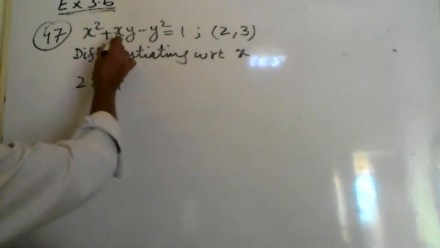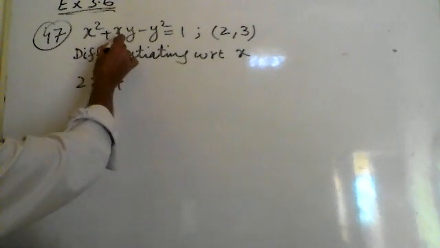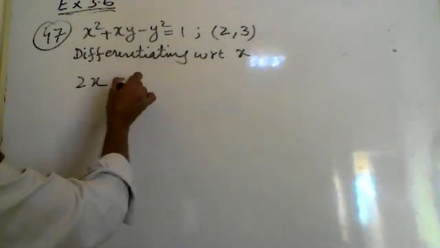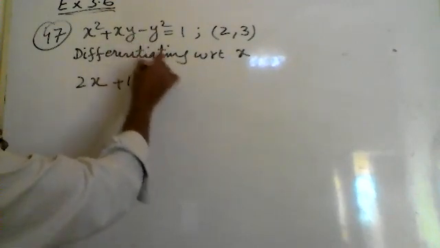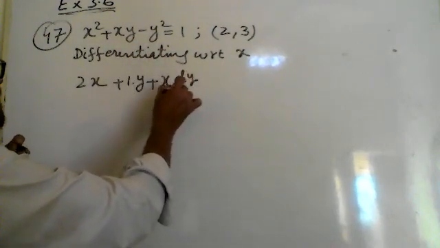Plus there are two functions, u into v. So derivative of x will be 1 into y plus x written as it is, derivative of y will be dy upon dx.